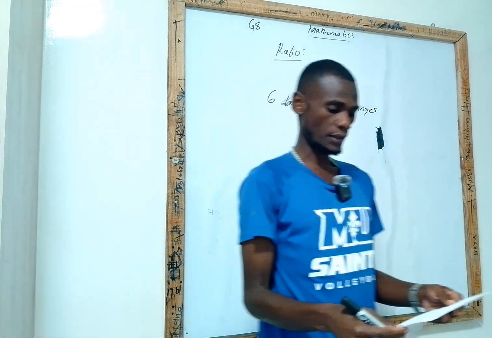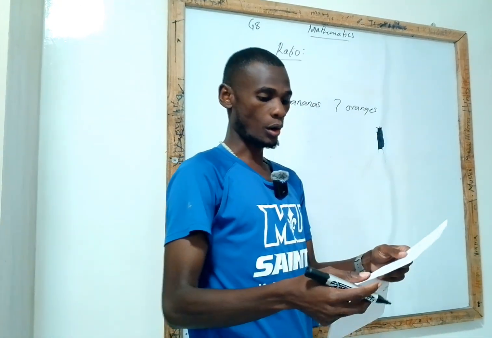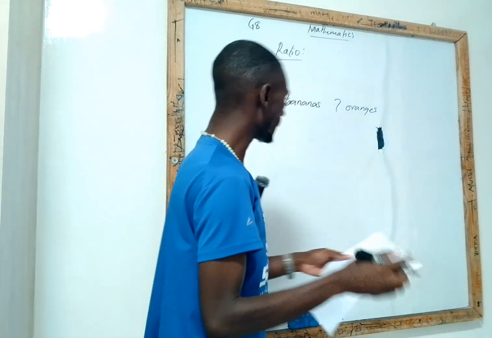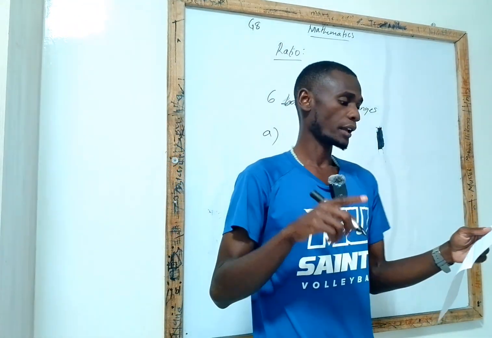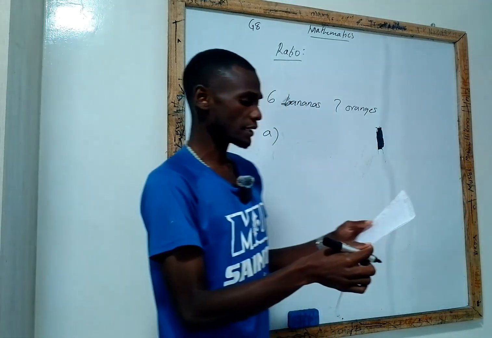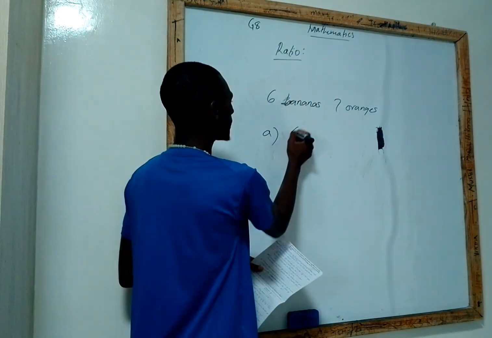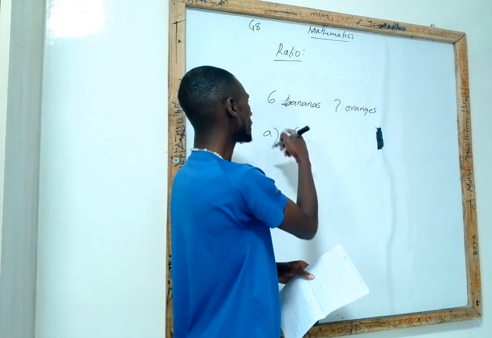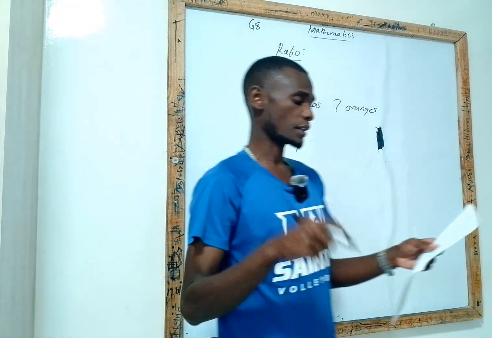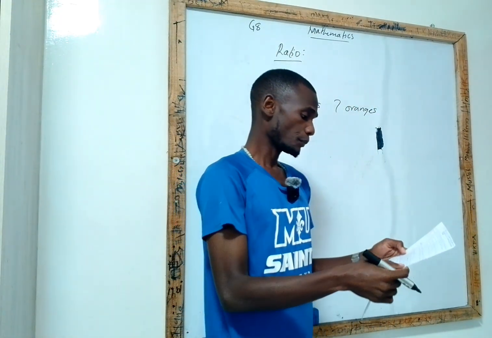So question A, you are told to express the number of bananas as a fraction of the number of oranges. That will be the number of bananas over the number of oranges.